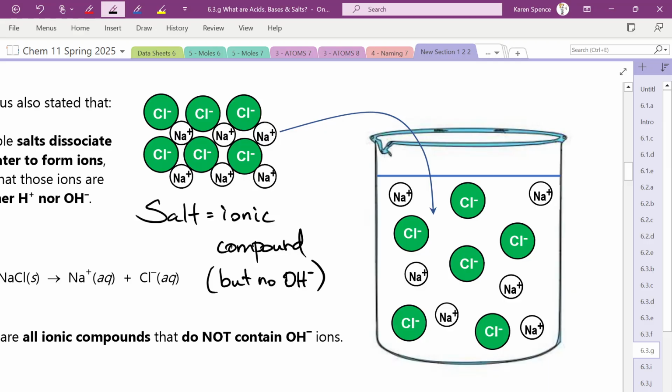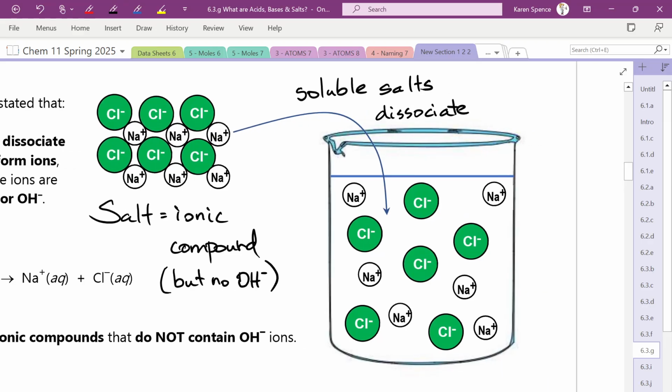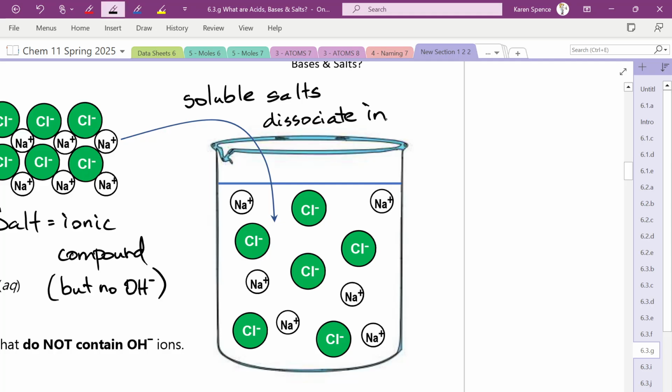All right, and salts, as long as they are soluble, dissociate into free floating ions.